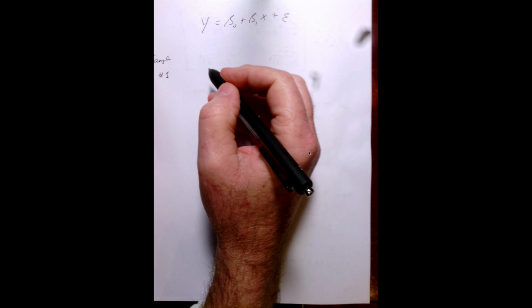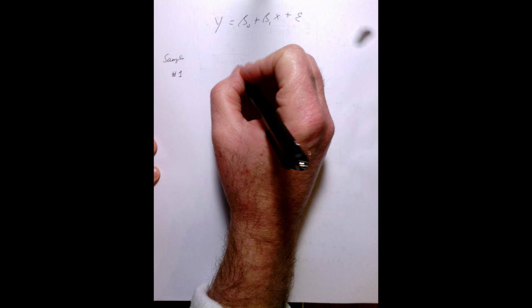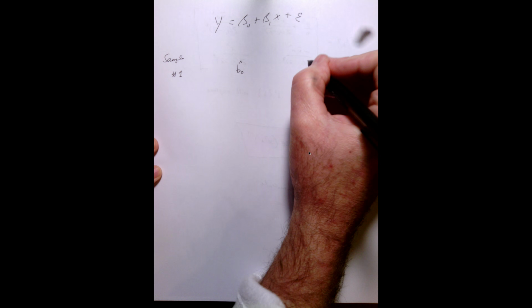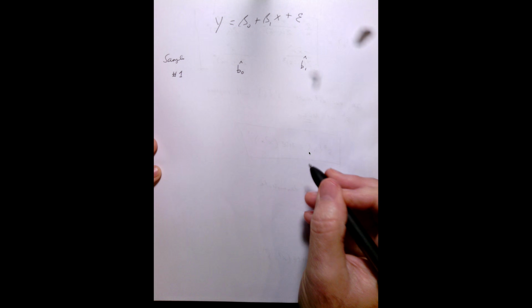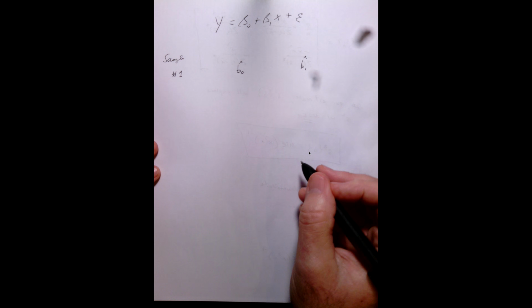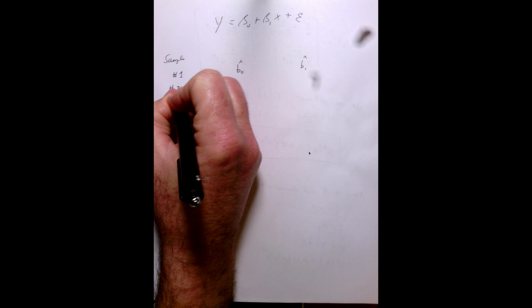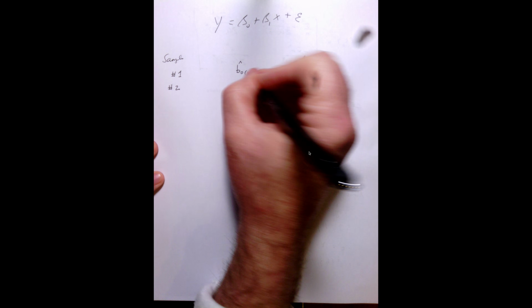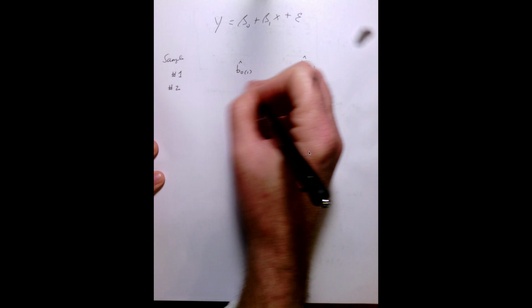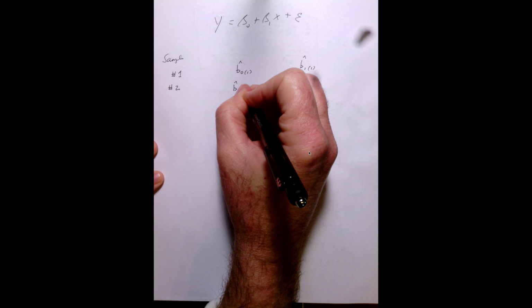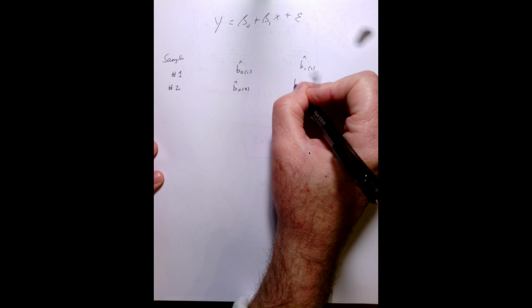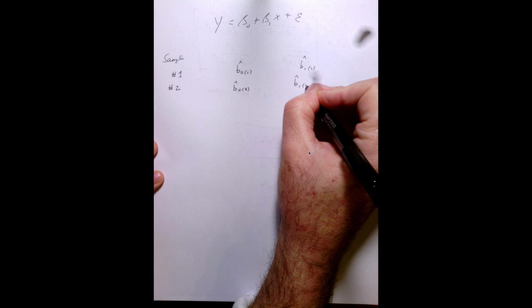And from this sample, we are able to create our first estimate of beta 0 and our first estimate for beta 1. Now, let's assume we took another sample, sample 2. Because of sampling variability, we would expect our estimates for beta 0 and beta 1 to be different.